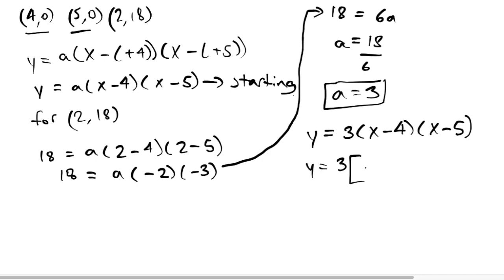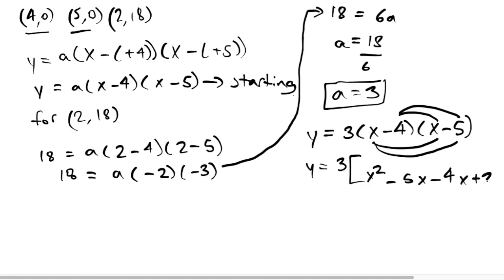Let's do FOIL. So we do x squared, x into 5, 4 into x, and 4 into negative 5. So we can do x squared minus 5x minus 4x plus 20. So let's rewrite this.